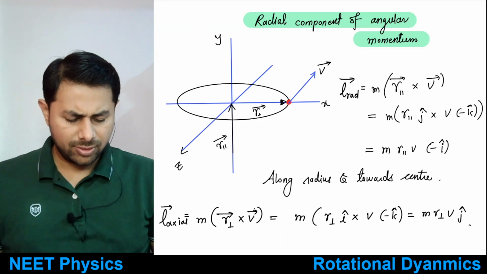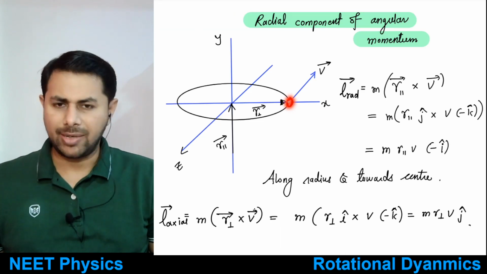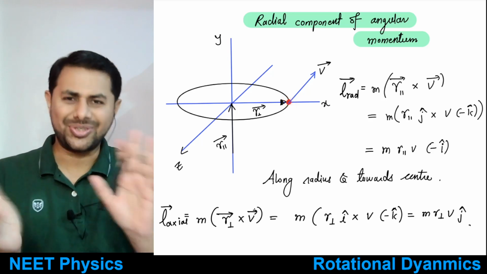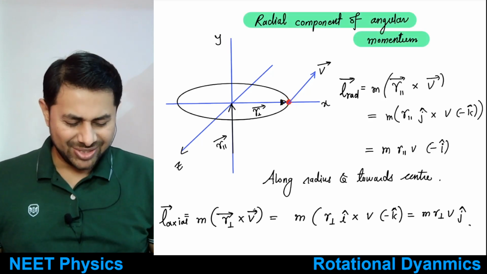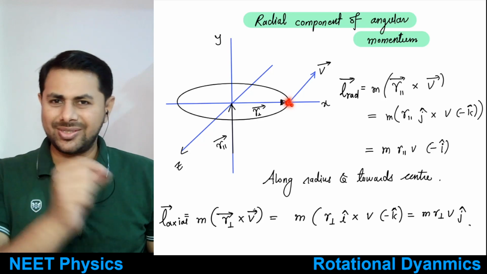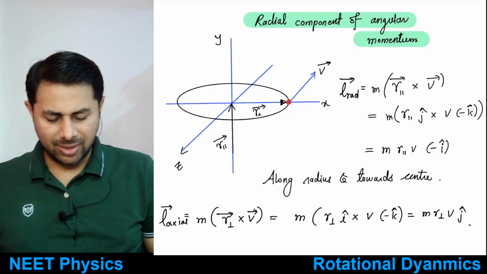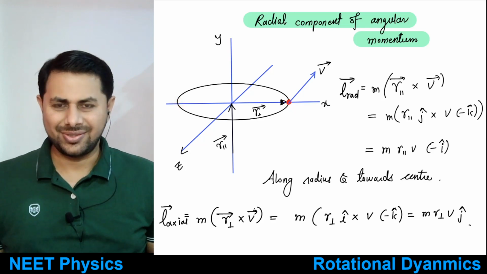Why is it so? For example, suppose you have this particle. If this is a symmetric apple or any symmetric body, then for every particle on this side having mass, let's say m, you will have a particle on the opposite side having the same mass, right?